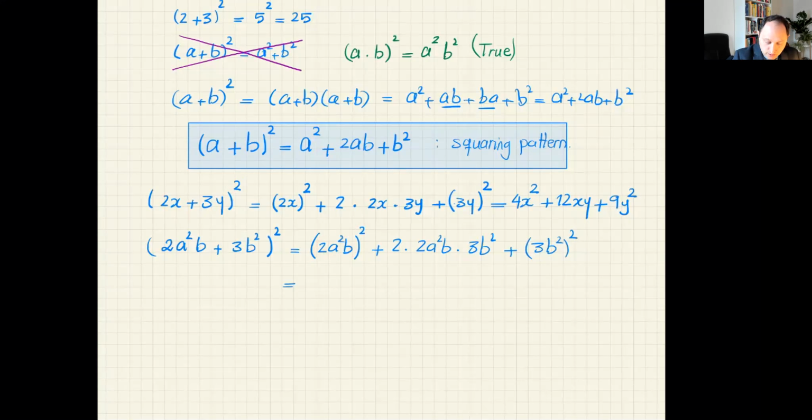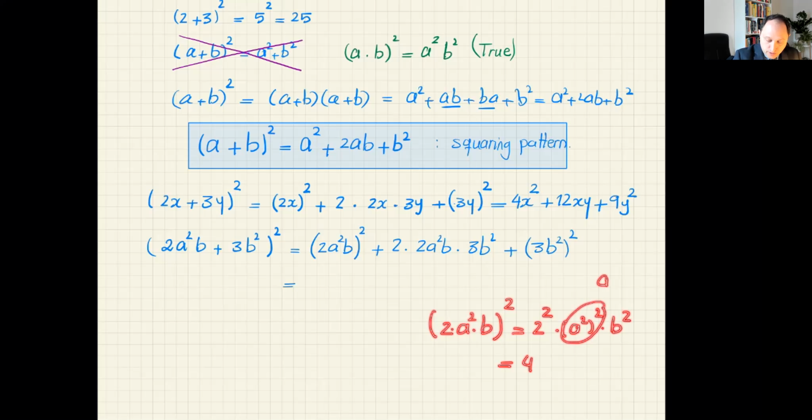But let me write it here to make sure that you understand everything. So here I have this. I want to square it. Because the operation is a product, I can square the first one, I can square the second one, I can square the third one. But squaring 2 means 4.